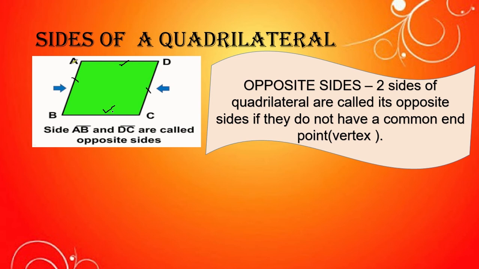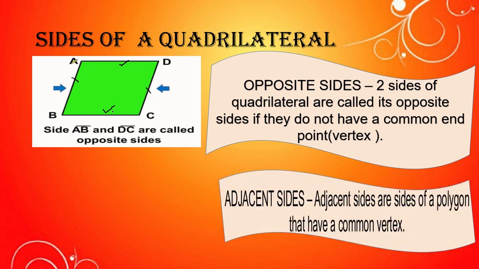Next, we have adjacent sides of quadrilateral. What are adjacent sides? You can say adjacent sides are sides of polygon or quadrilateral that have a common vertex. I am saying it as a polygon because I know what is polygon.